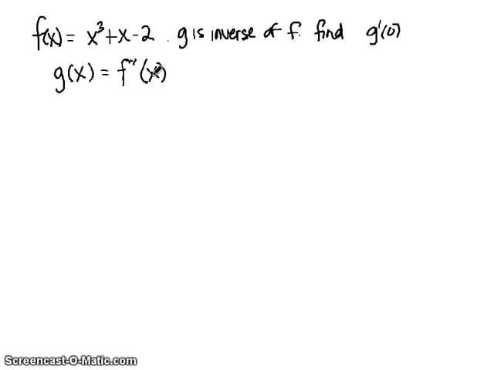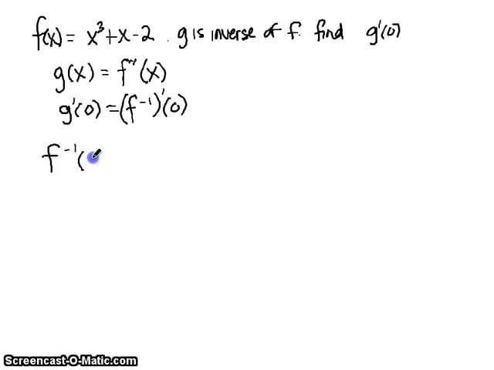So if we want to find g prime of 0, we're really trying to find f inverse prime of 0. So we need to think about the point: f inverse of 0 is equal to some value. So we know that f of whatever that value is has to equal 0.